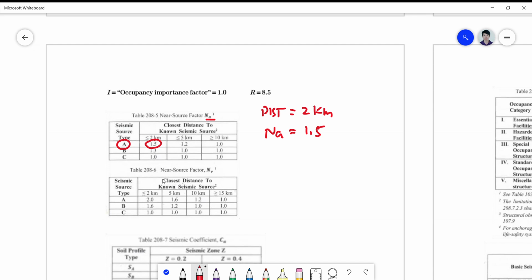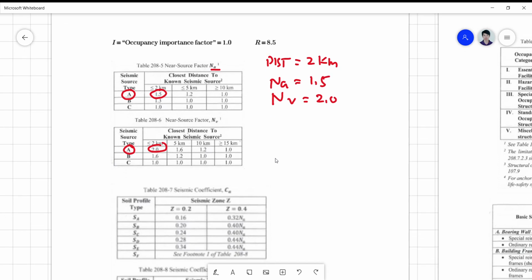And then for NV, this is now 2.0. Okay, so that will be my value.